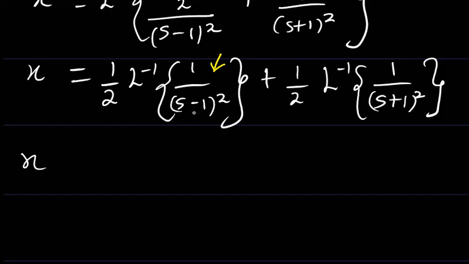So since it is replaced, this is going to be 1 all over 2, the inverse Laplace transform of 1 all over s, which is a constant, that is 1. Then multiply by the first shift theorem, in which there's going to be the exponent of t.